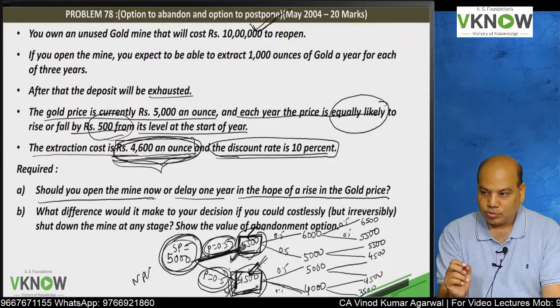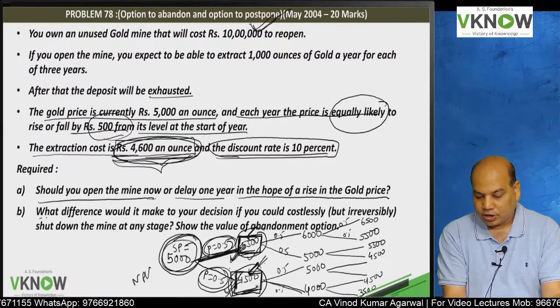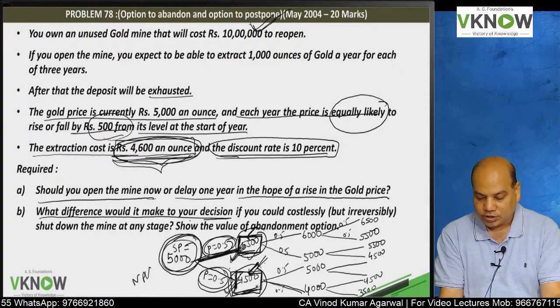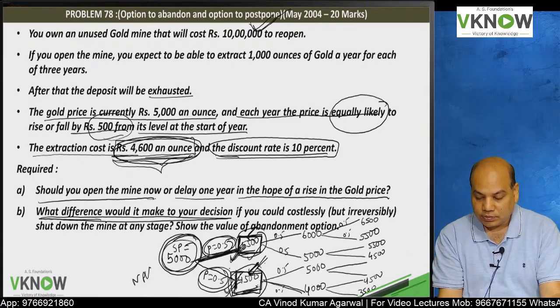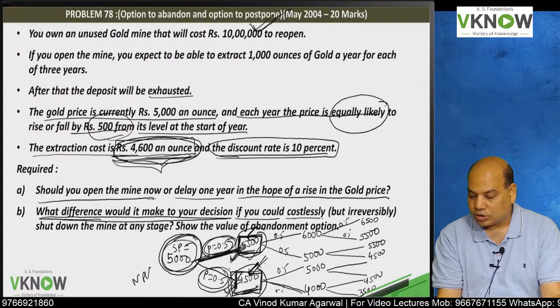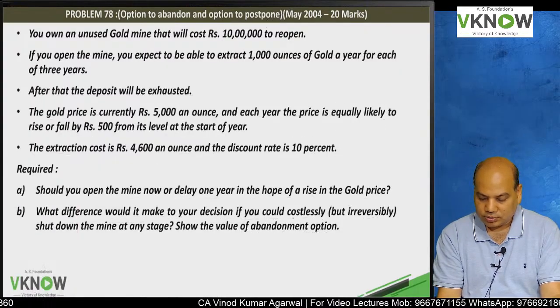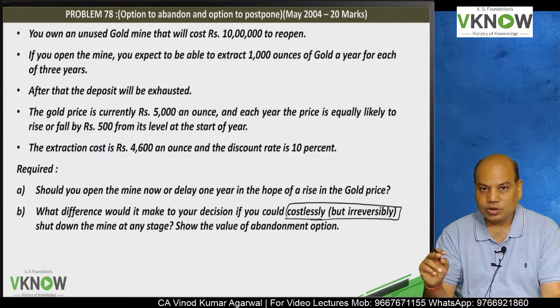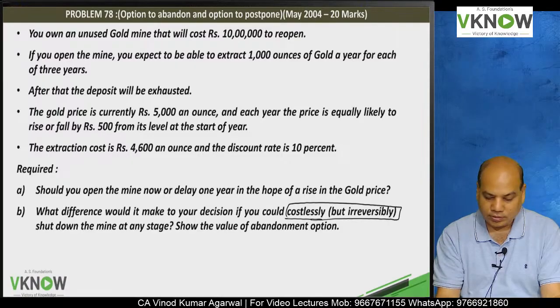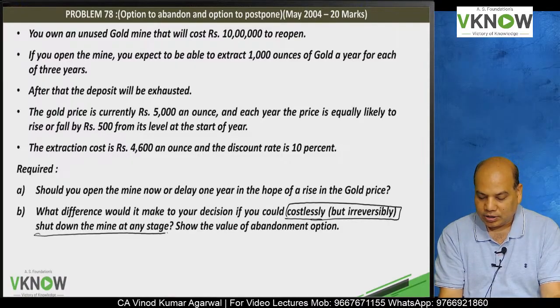Now they have added one more component. What difference would it make to your decision if you could costlessly, means without any cost, but irreversibly, but once you take the decision you can't reverse it, shut down the mine at any stage.